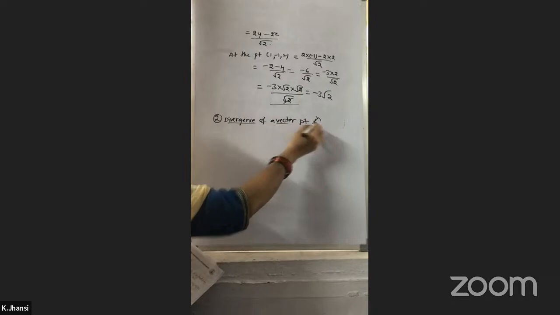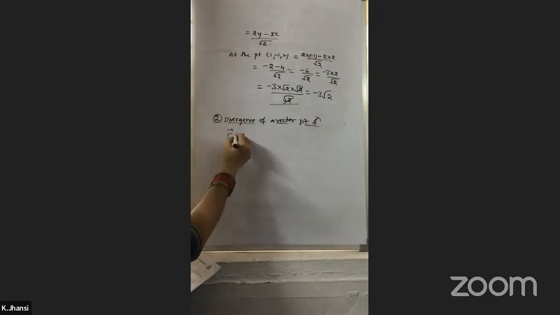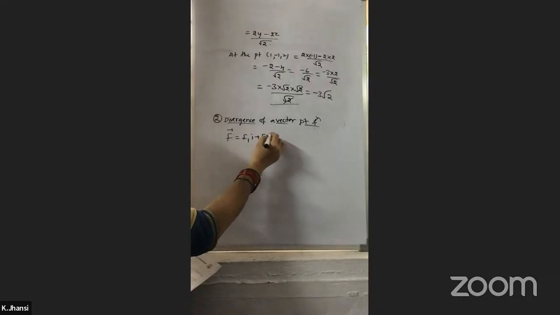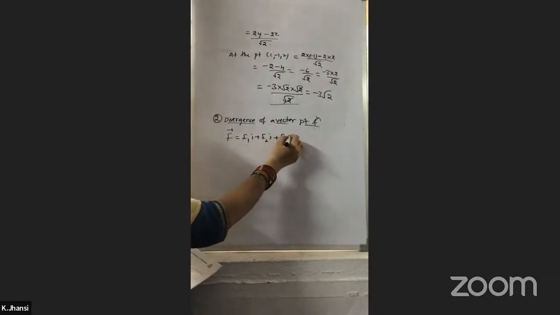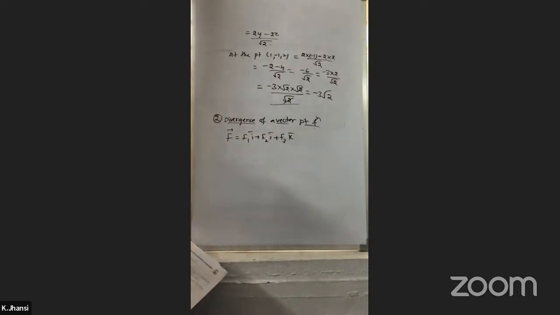The divergence of a vector function is denoted as div. So for the vector function, f is equal to f1 i plus f2 j plus f3 k. So this is the vector we have, and f1 i plus f2 j plus f3 k is any vector.